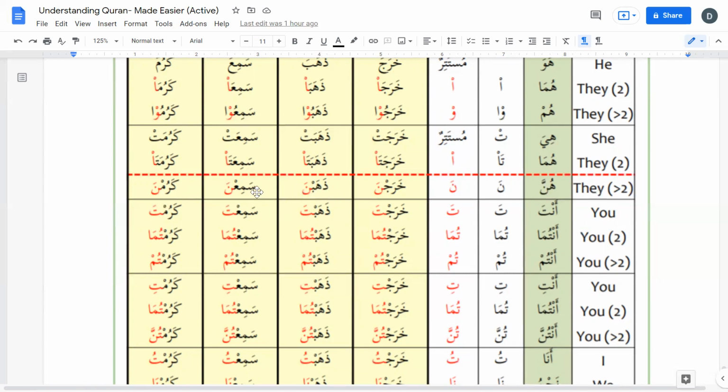The same way, sami'na, they all heard, all females, 3 or more than 3. Karumna, they became noble, all 3 females.